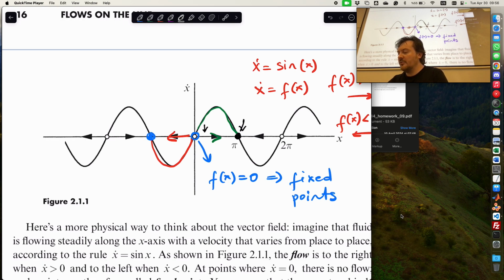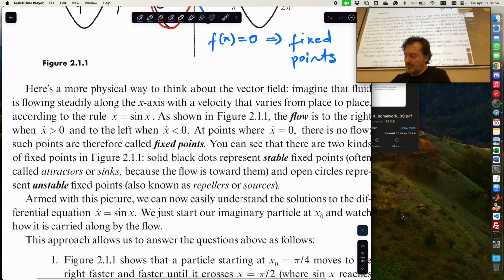Actually, you are approaching it asymptotically, because as you get closer and closer, f of x decreases. Do you understand it? What if I start at minus pi over 4? Where do I go? Minus pi, right? What if I start here? Again minus pi. What if I start here? Minus 2 pi. So you understand the system just by drawing it. That's the point.